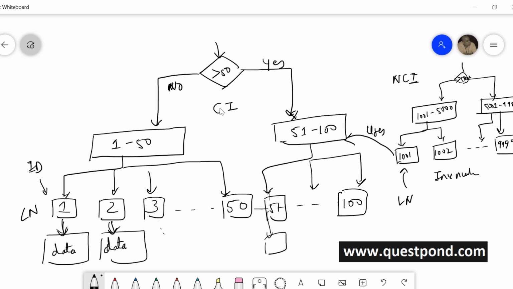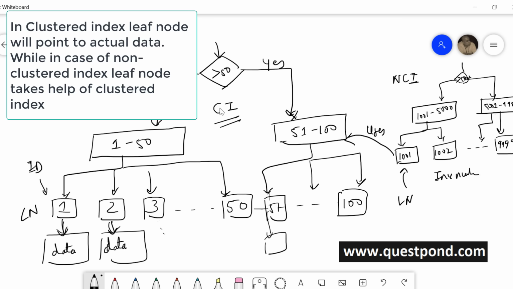I again repeat, both clustered and non-clustered indexes will have a leaf node. This one here is the leaf node of this non-clustered index on invoice number. This one here is the leaf node of the clustered index on ID. So both will have a balanced B tree structure.